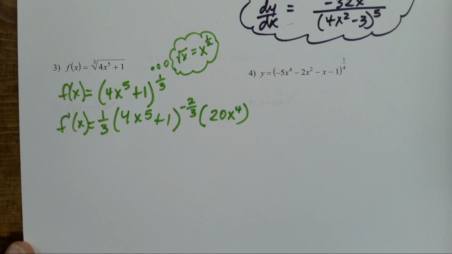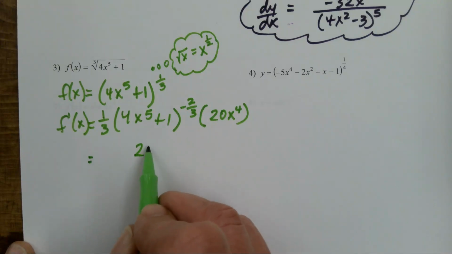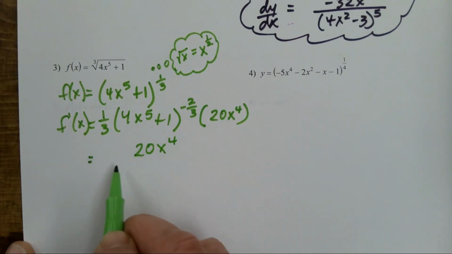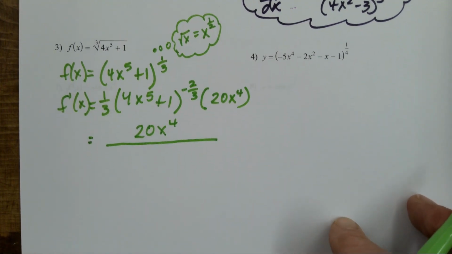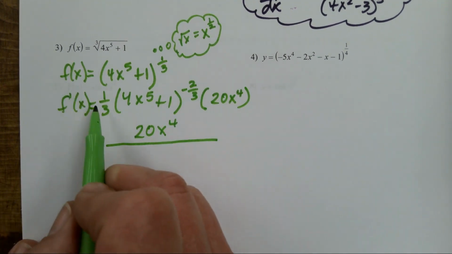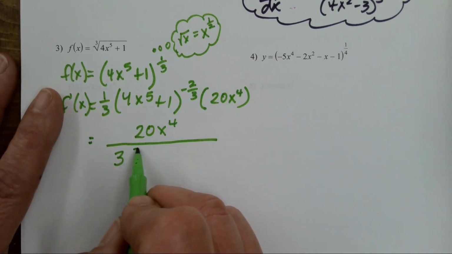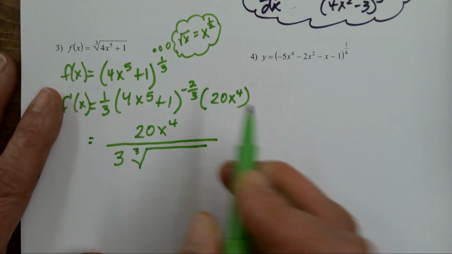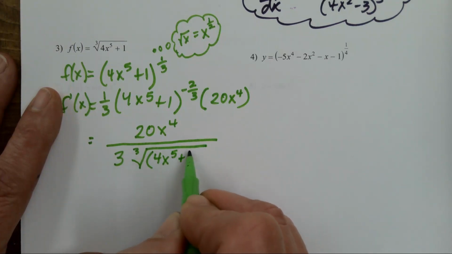If I were going to evaluate it, I would do the 20x to the 4th up on top over the 3 from the 1/3, because that's in the denominator, times the cube root of 4x to the 5th plus 1 squared.